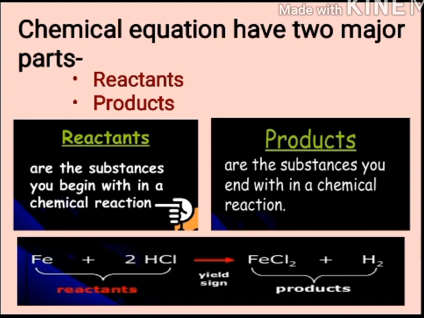Fe and HCl, which are taking part in the chemical reaction, are called reactants, that is, on the left hand side you can see Fe and HCl. Whereas FeCl2 and H2, which are formed as a result of the reaction, are called products, that is, on the right hand side you can see.